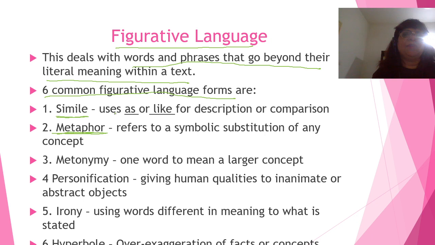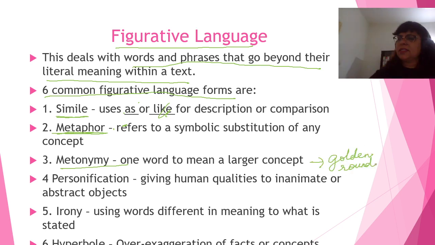Alright. Then we look at the next one. And the next one is called metonymy. Okay? Let's see what is metonymy. Metonymy is one word which means a larger concept. For example, if I say, let me use an example here, if I say golden round, what can this refer to?